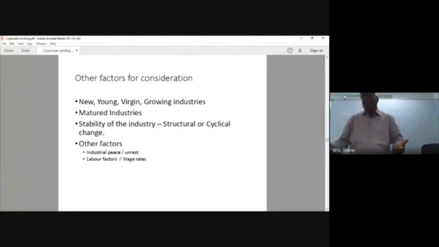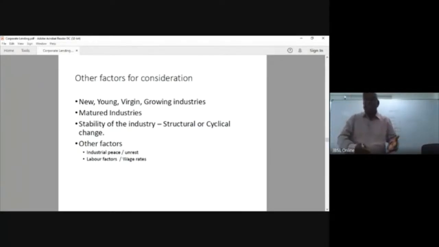Another important factor is whether there is industrial peace within the industry or unrest, because labor factors will affect the industry. If labor factors affect the industries, obviously your customer will also be affected.